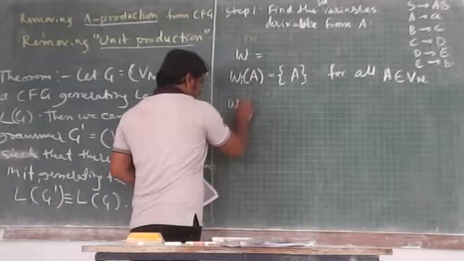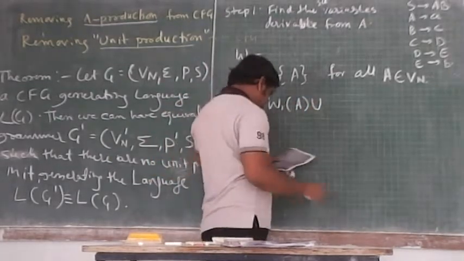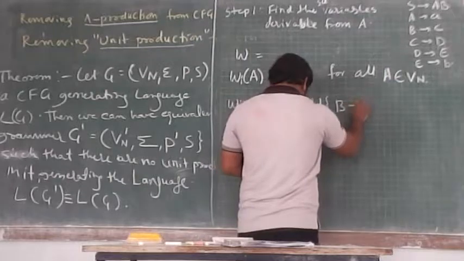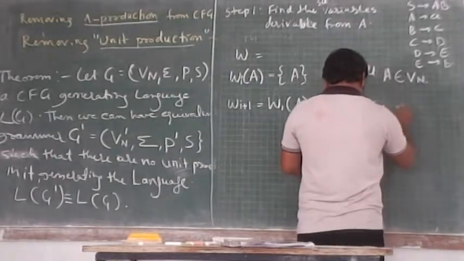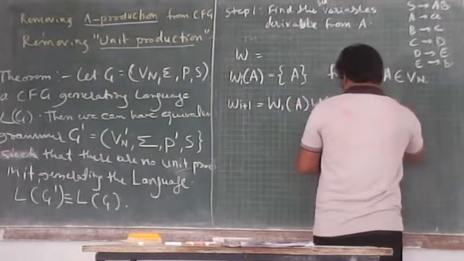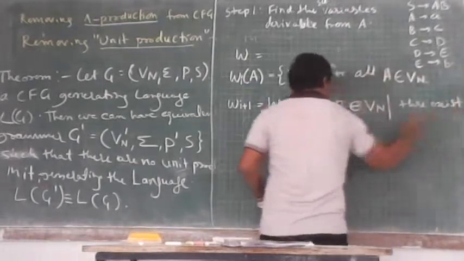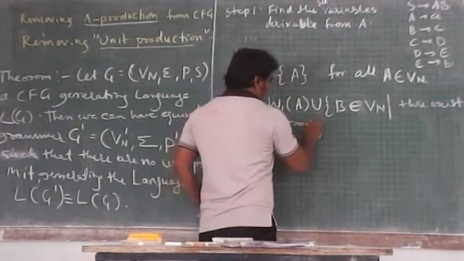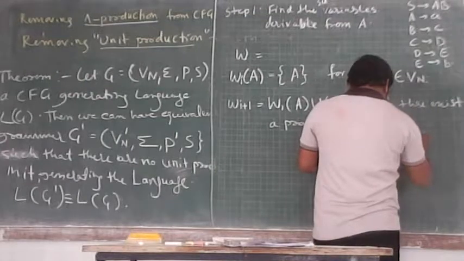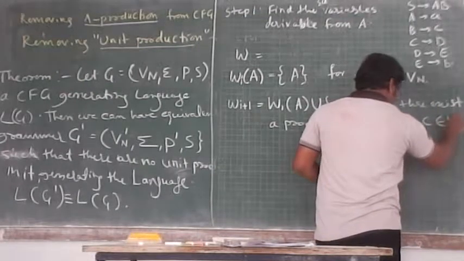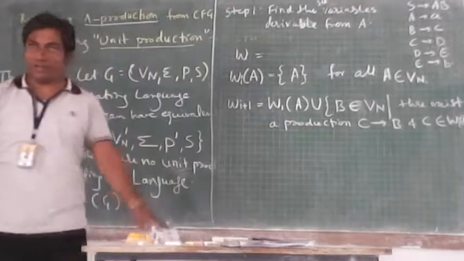W i plus 1 is W i union B, where B belongs to Vn, where there exists a production C implies B and C belongs to W i. Please note it down as it is.